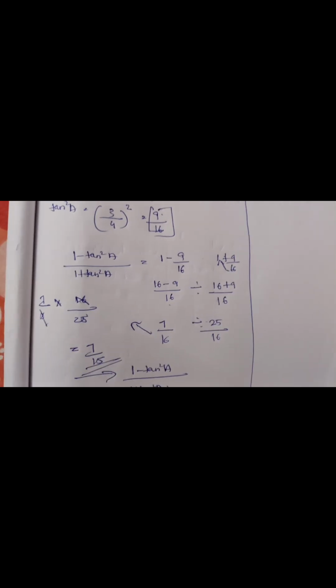So don't forget that the value we got here was also 7 by 25, which was our value for 1 minus tan square A by 1 plus tan square A. So we can conclude that both the values are same.